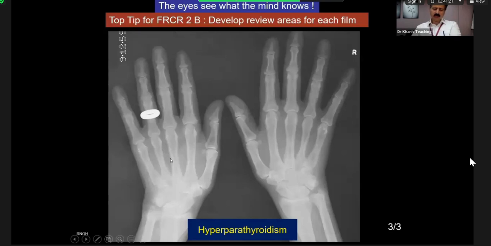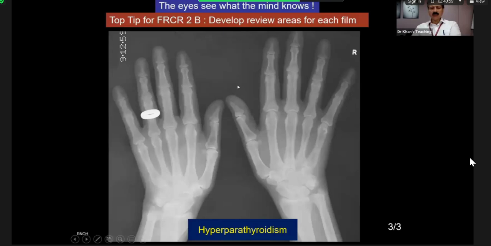So this is intracortical or cortical tunneling. So this is hyperparathyroidism, and with that we can see acrosteolysis. Please remember that bone density might be increased in this case, which might go with renal osteodystrophy. In any case, we'll come back to this film on Saturday.